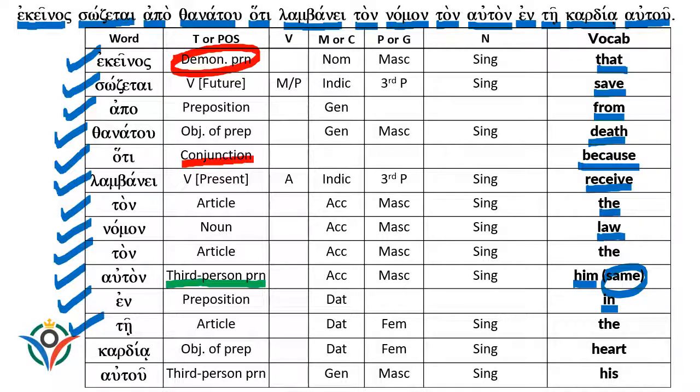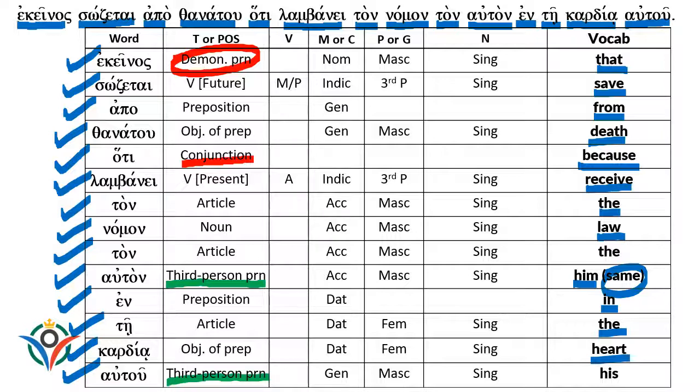Then we have te, another article, dative feminine singular, which means the. Remember that the article always agrees with the noun that it's modifying in gender, number, and case. That's why kardia, which more technically is the object of the preposition, is also dative feminine singular, and that means heart. And then finally we have autou, which is another third person personal pronoun.